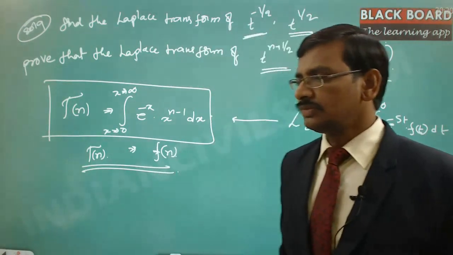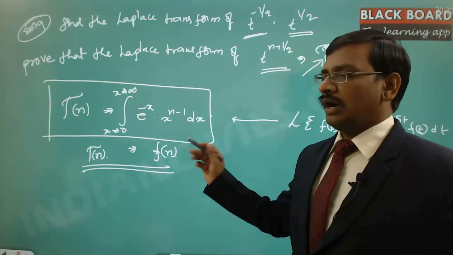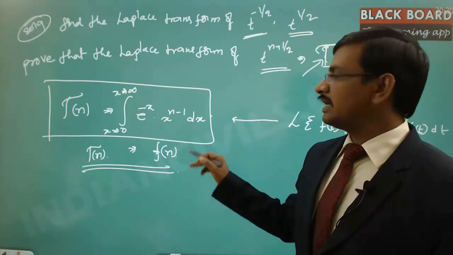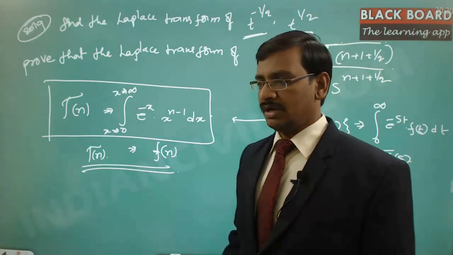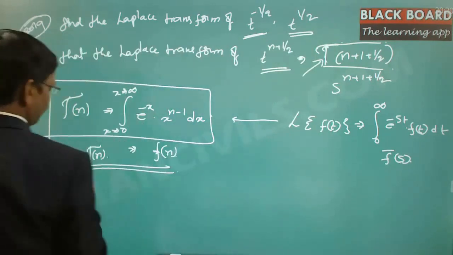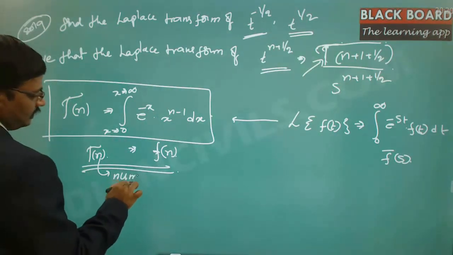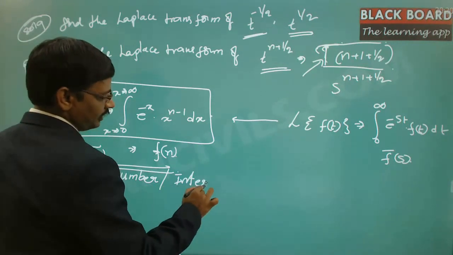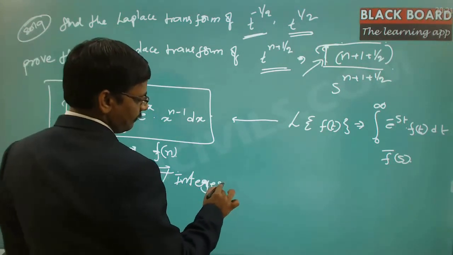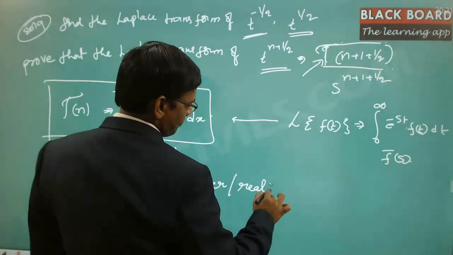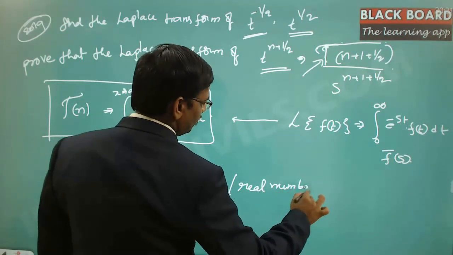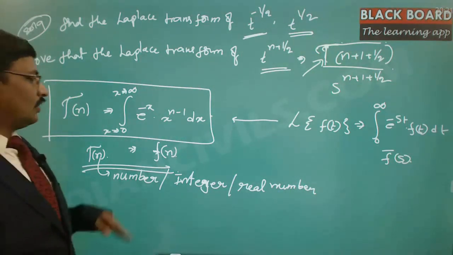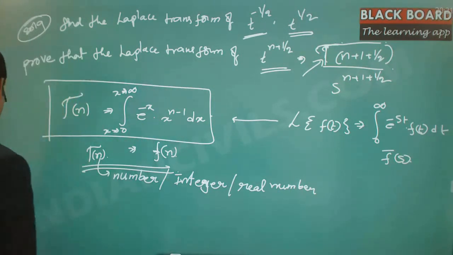Got it? Now if you want to identify the gamma function value for any particular number, this number may be an integer or maybe a real number. So here we will analyze the gamma function in two different cases. Now let us take gamma of n plus 1.